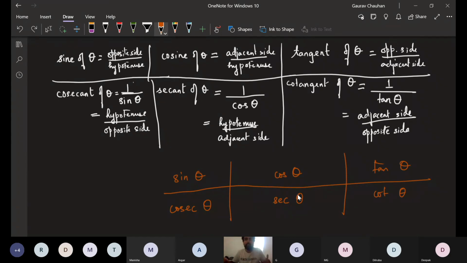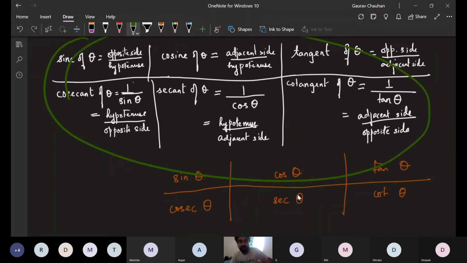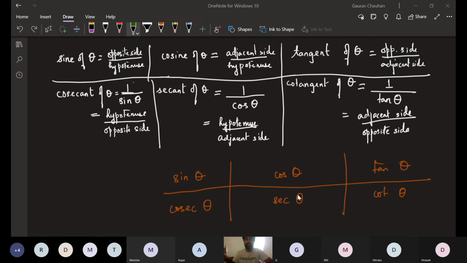So much knowledge has come to us because we developed this language of trigonometry. Just because of these 6 ratios. It is mind-blowing, astounding that with these 6 ratios so much was possible. That whole branch of maths opened up.